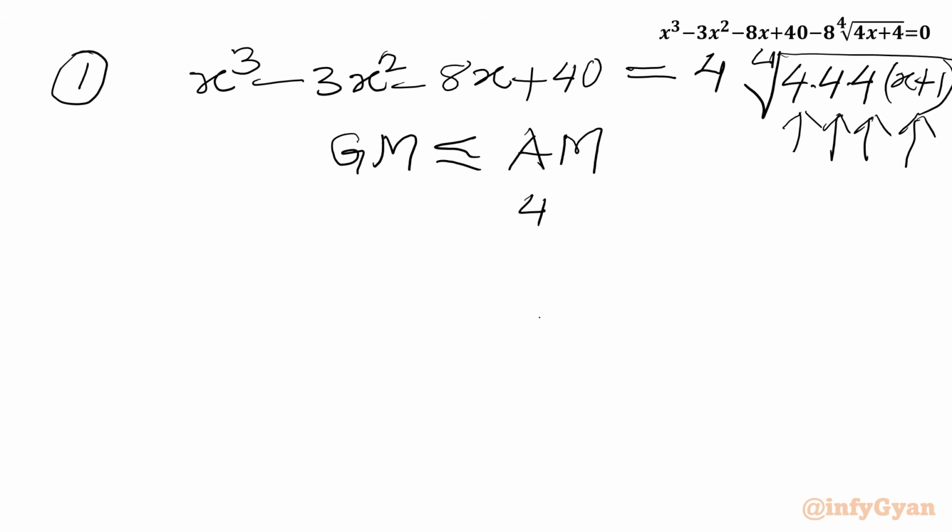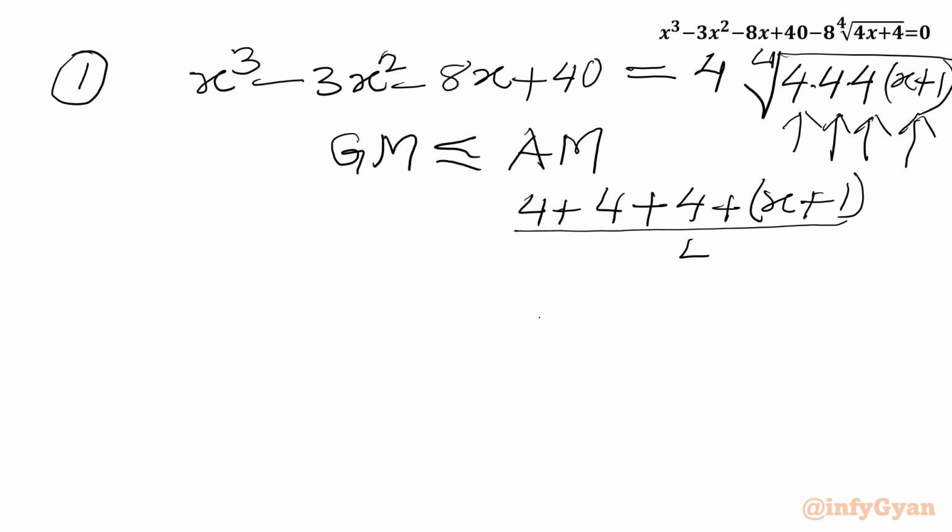So I will write 4 plus 4 plus 4 plus x plus 1 divided by the total count, which is 4. This should be greater than or equal to the GM, which is the 4th root of the product of all: 4 times 4 times 4 times x plus 1.